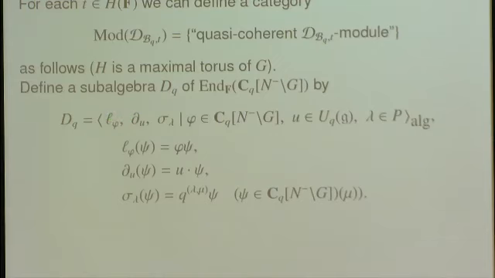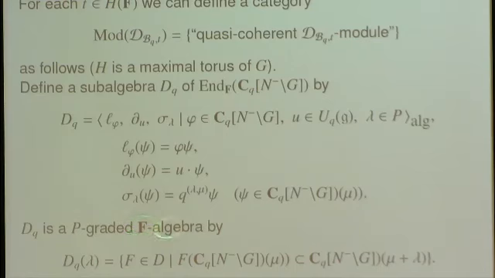And also, we have right multiplication of functions, but right multiplication of a function is expressed in terms of those three operators, so I don't have to write it. Anyway, we have a ring of differential operators acting on this ring. This ring is a P-graded F-algebra, defined from the grading of C_q[G/N^-].